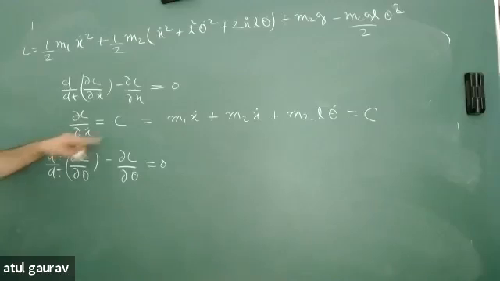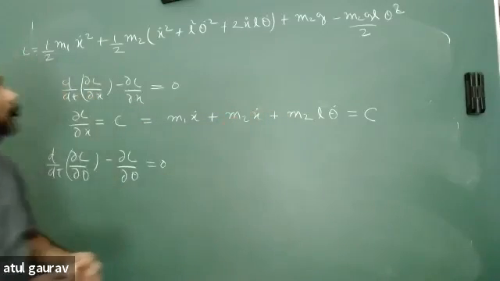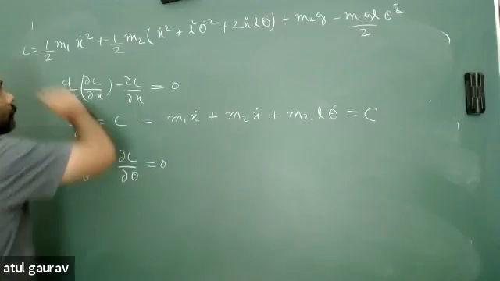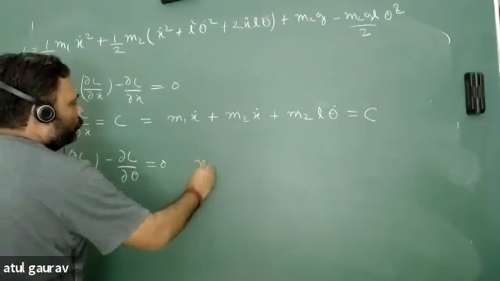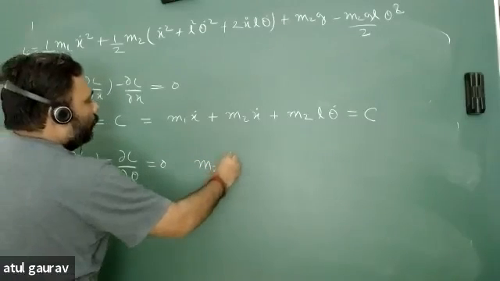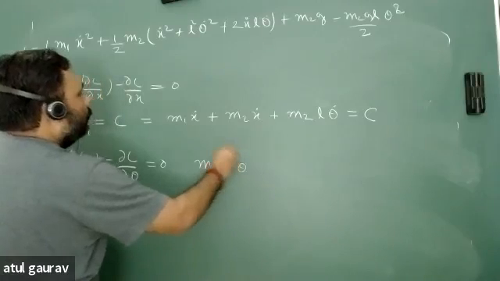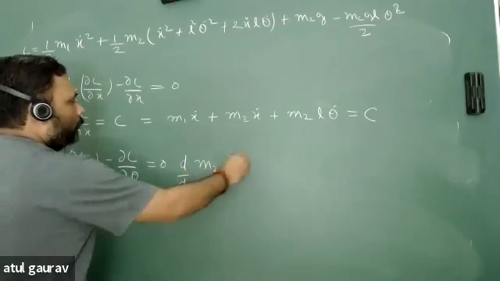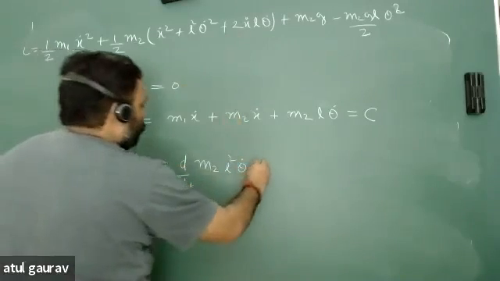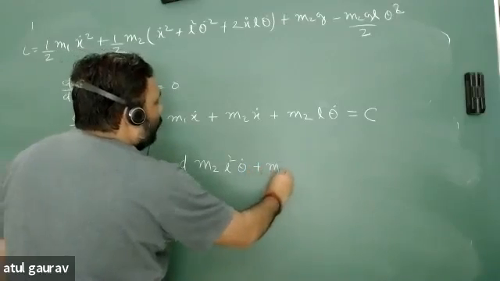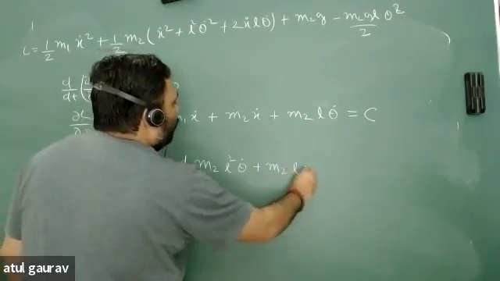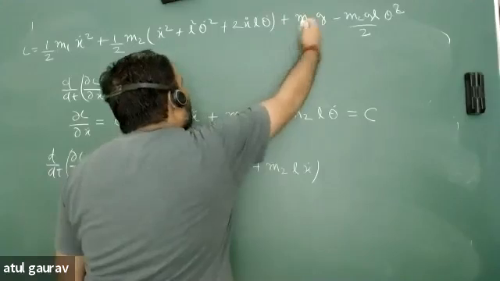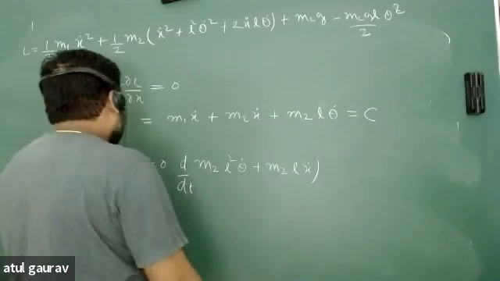Okay good. We are differentiating with respect to x dot. The previous student's remark confused things actually. So let's go for this one. This one is not contributing, only this one is. So this will be d upon dt of M2 L square theta dot, and here we have plus M2 L x dot. This M2 g has no role, so this is the first term.